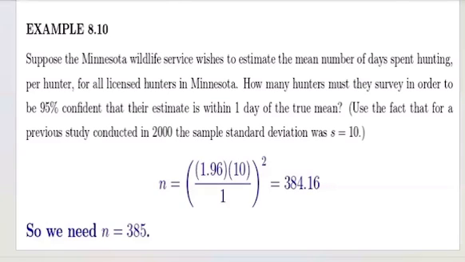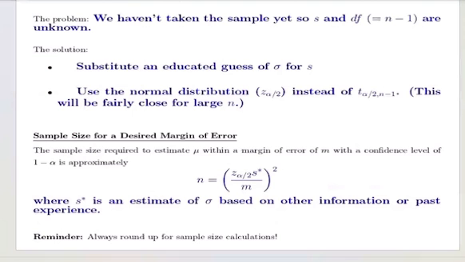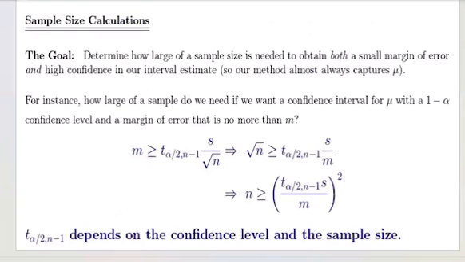When you want to estimate the mean and the standard deviation from a previous study is available, you use the formula with a Z-score, which means you need qnorm. But if there's no prior information and you want to use the sample standard deviation, it's going to be a T-score.